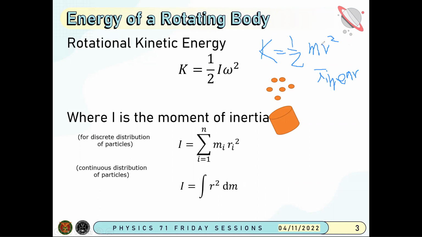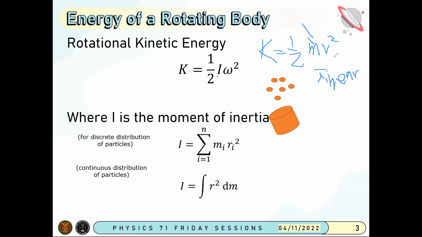So in linear, it is based on mass, right? It's proportional to the mass, but the rotational form is proportional to the moment of inertia. So technically, before, the mass was also called the moment of mass to coincide with moment of inertia.